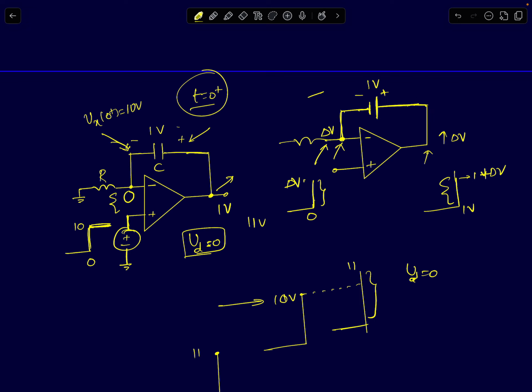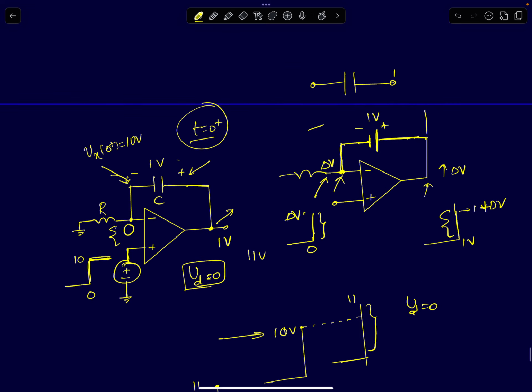If the voltage across the cap cannot change instantaneously, it means that both the plates of the cap will increase by the same amount. If this increases by delta V, this will also increase by delta V, and the voltage across the cap will always stay at 1 volt. All through these transitions, it will stay at 1 volt.